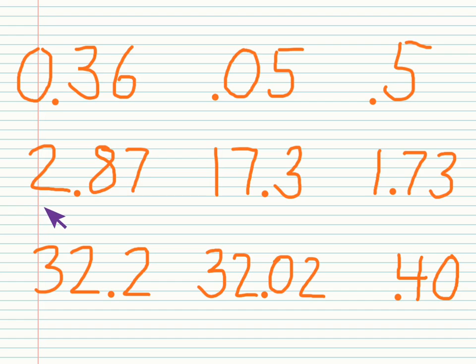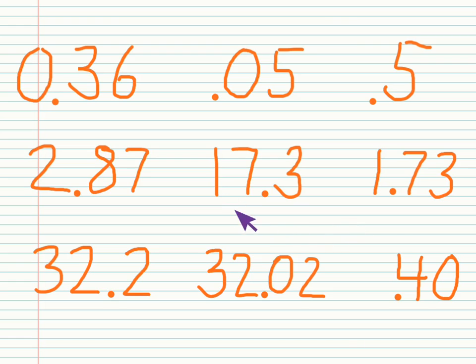Down here, if you have numbers on both sides of the decimal, just say and when you get to the decimal point. What is this number? This would be 2 and 87 hundredths. What is this number? Here we have 17 and 3/10.